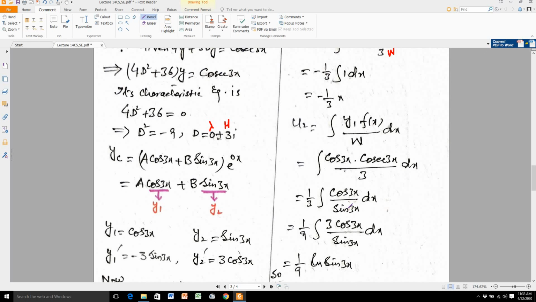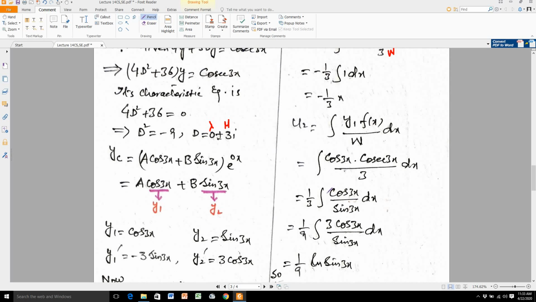If some function is in the denominator and its differential exists in the numerator, then you take its natural log. So you see here sin 3x, the differential of sin 3x is cos 3x into 3.